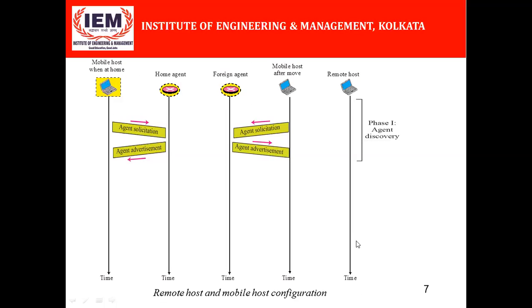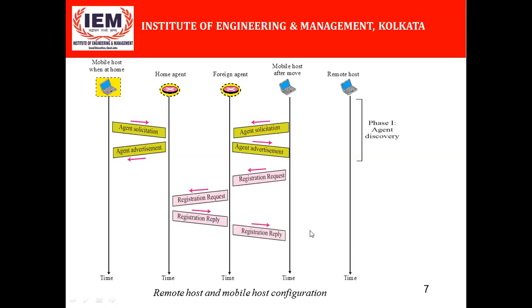This is the first phase, that is agent discovery. Next, it transmits the registration request towards the foreign agent, but the foreign agent can't approve it. That's why the information is forwarded towards the home agent. Then the home agent replies as soon as possible, and that information is forwarded towards the mobile host.